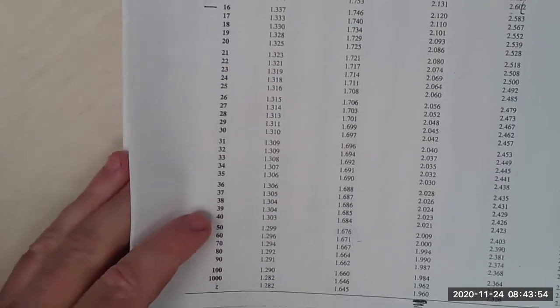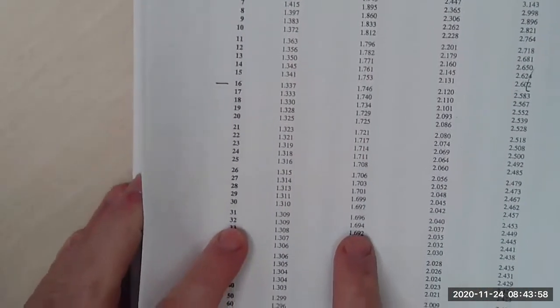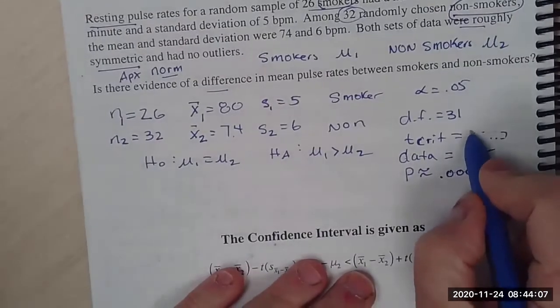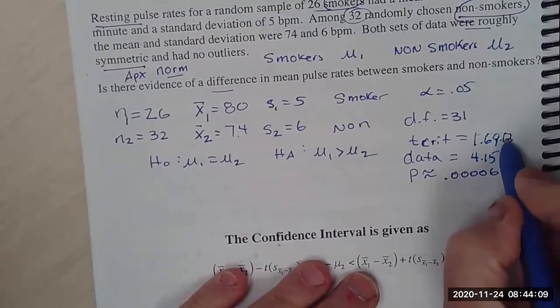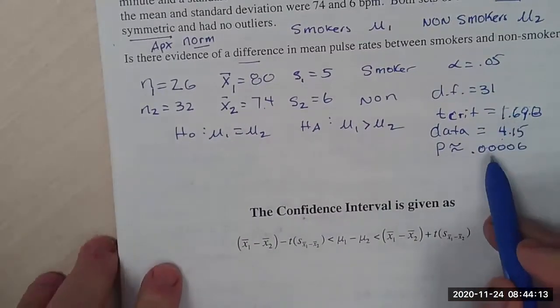Okay, 31 and 0.05, so second column, 31. I see 1.696. Definitely 4.15 is bigger than that. If you drew your picture, so reject the null.